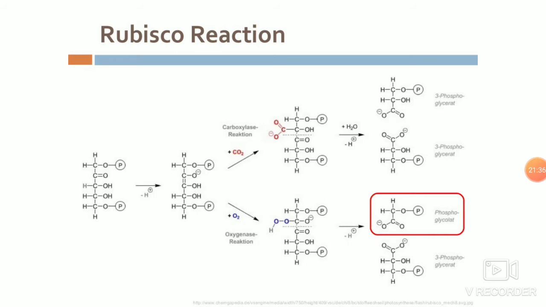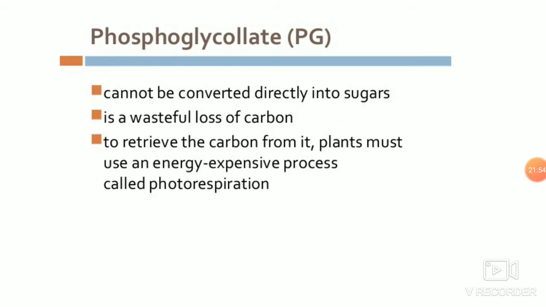If it is the carboxylase reaction, you have formation of two molecules of 3-phosphoglycerate. If it is the oxygenase reaction, you have the formation of phosphoglycolate and 3-phosphoglycerate. Phosphoglycolate cannot be converted directly into sugars, so it is a wasteful loss of carbon.